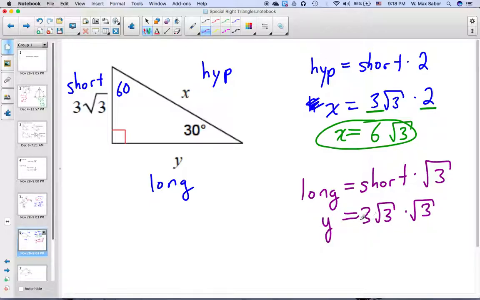So y equals 3 square roots of 3 times 3, 3 times the square root of 9. And if you know square root of 9, it is 3, which gives us 3 times 3 is 9. So the side lengths are 6 square roots of 3, and this is 9.